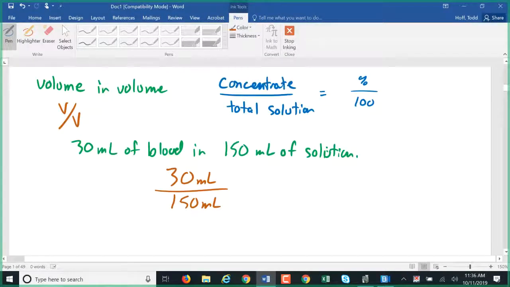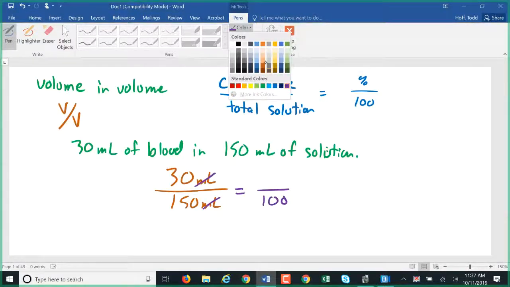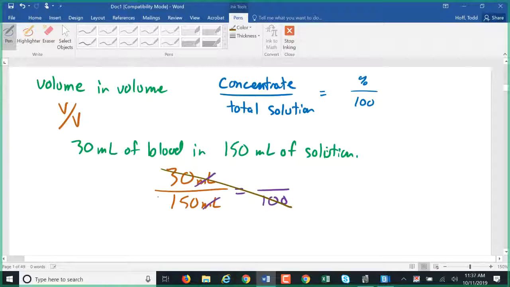We don't necessarily need the milliliters there, but I always write them in and cross them off just to make sure we have the same units on both of those measurements. And we're going to relate that to our percent, or concentration, over 100. So we will do 30 times 100 divided by 150, which gives us 20 out of 100, or a 20% ratio.